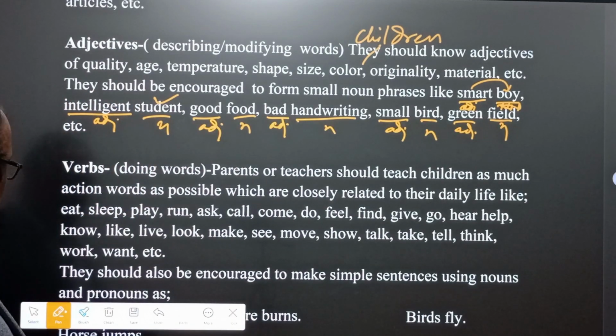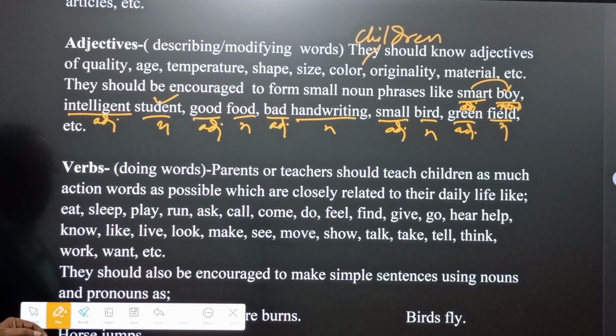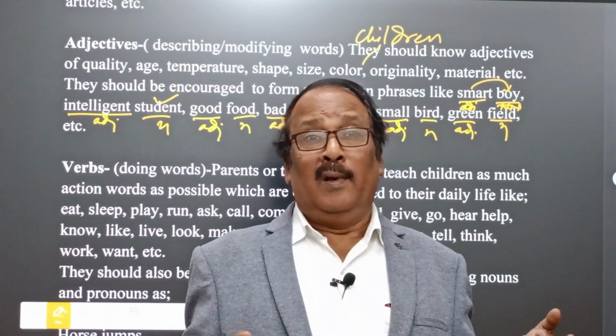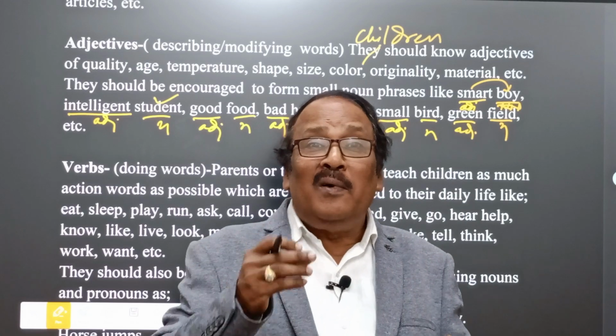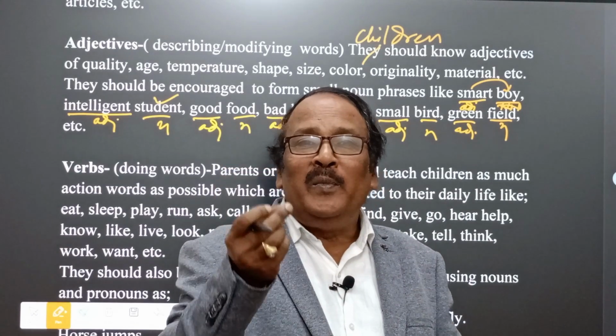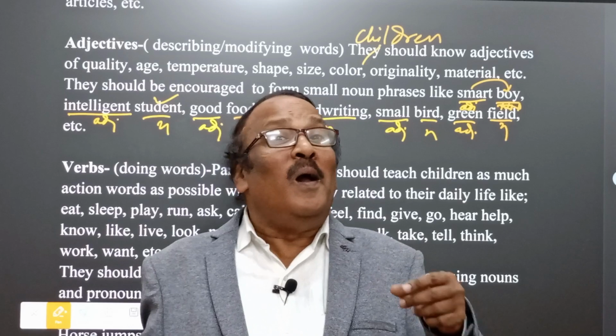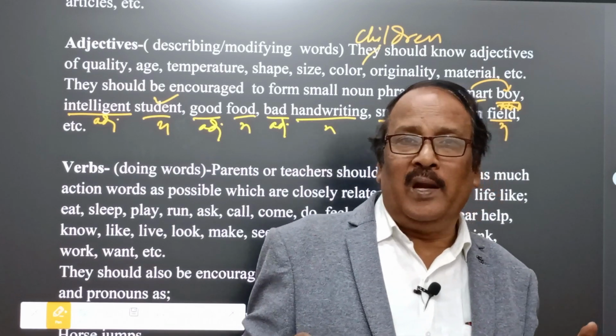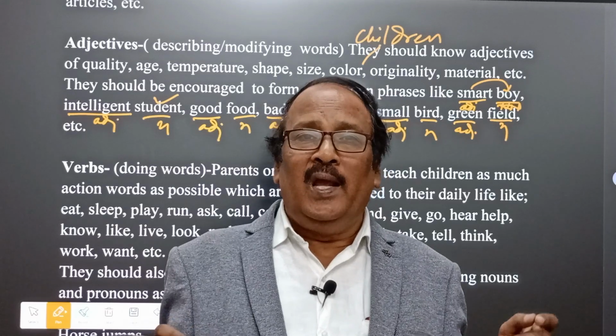Again, the other idea we find is the verb. Naturally we know that whenever a child takes birth, noun comes. Whenever it starts crying, then verb comes. Laughing, playing, eating, sleeping, all these, here we find laugh, sleep, run, play, eat.